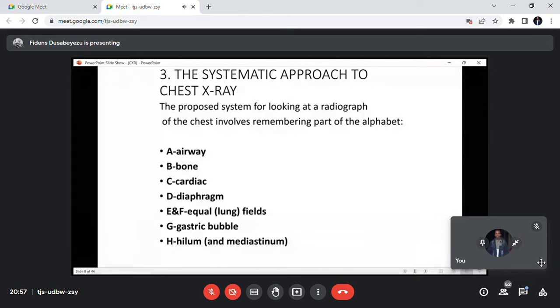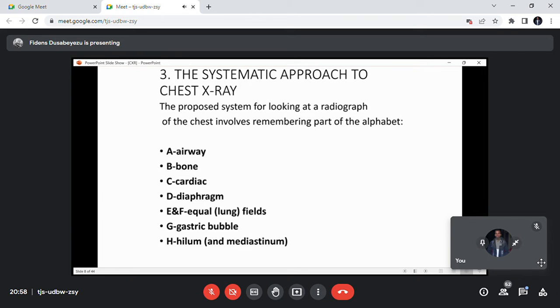But the denominator of everything is make sure you have read everything there. Make sure all anatomical structures are analyzed. Whatever the method you want to use, the denominator is check everything there. Check the lungs, check the mediastinum. By saying the mediastinum, there is a certain number of anatomical structures. By saying the lungs, there are things you have to check for.